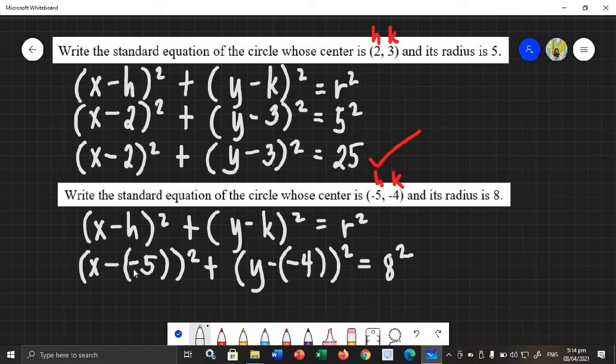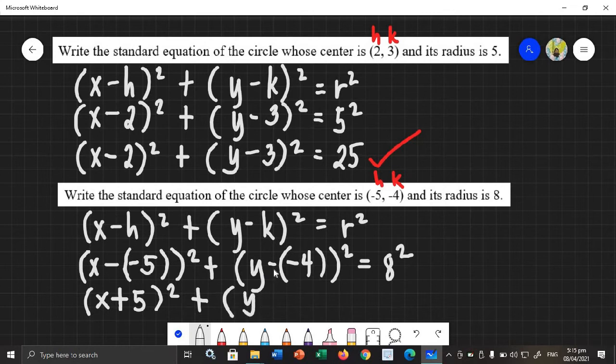In this case, we can multiply the signs to cancel the parentheses around the negative 5. So, what happens here, we have x, and then multiply the signs, negative times negative, that will be equal to positive. So, plus 5 squared, plus, same as this, right? We can multiply the signs.